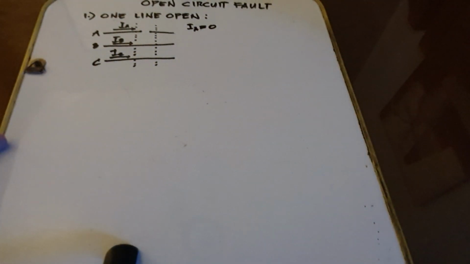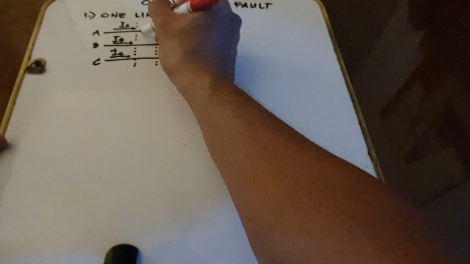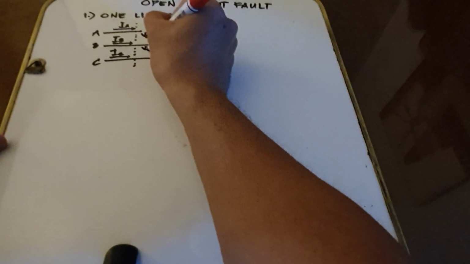Because there's no flow of current. And how about the voltage? The voltage, let's say this is VA, this is VB, and this is VC.